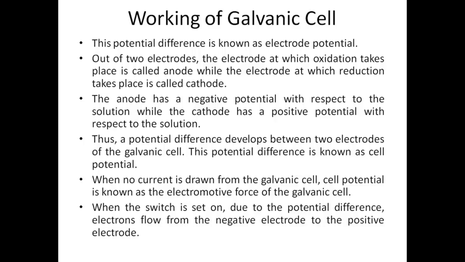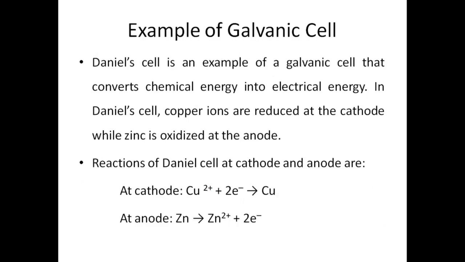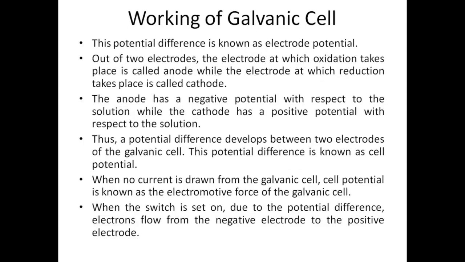Okay, when no current is drawn from the galvanic cell, the cell potential is known as the electromotive force of the galvanic cell. When the switch is turned on, due to this potential difference, electrons flow from the negative electrode to the positive electrode. Okay, so we have two half cells, or you can say two compartments. In both, we have one metal electrode and the corresponding electrolyte. When you dip the metal electrode into the electrolyte, oxidation and reduction reactions take place.